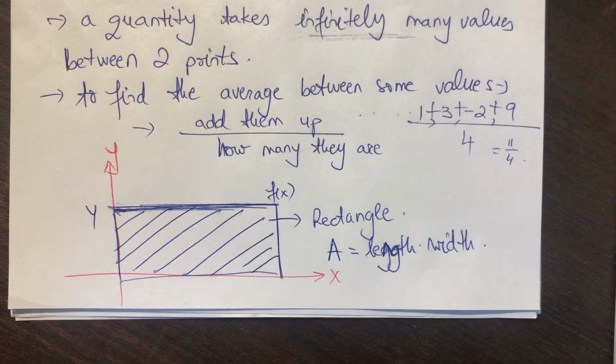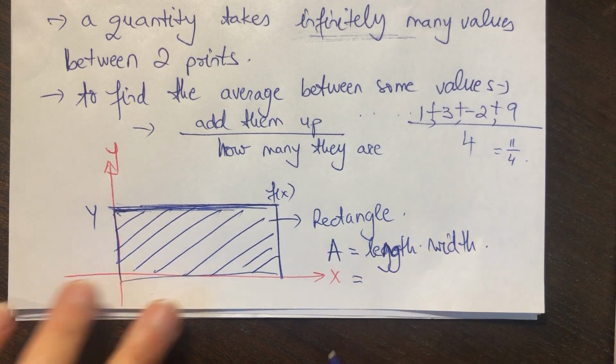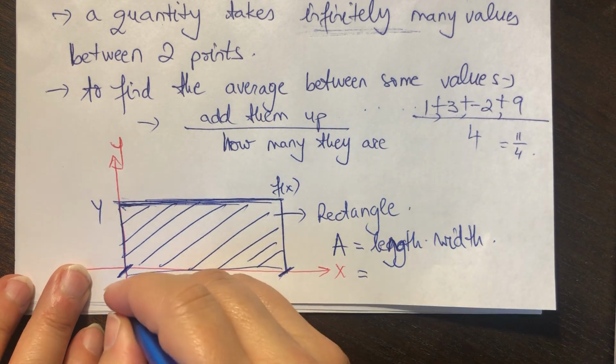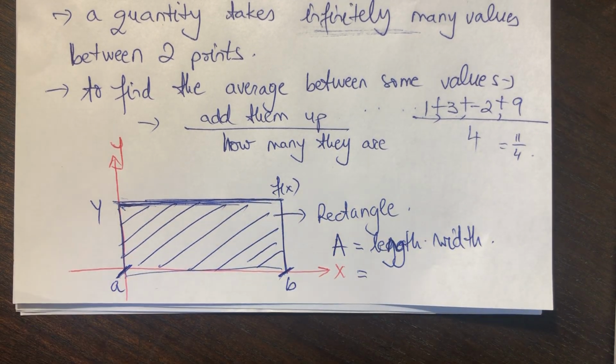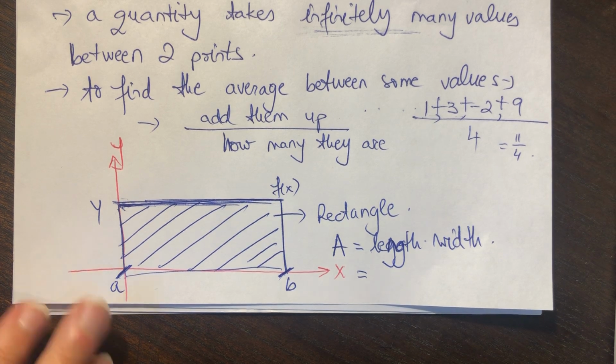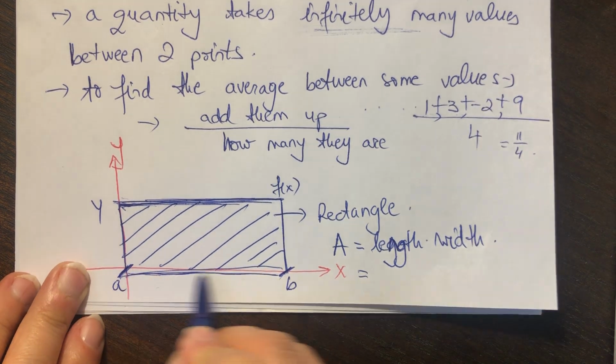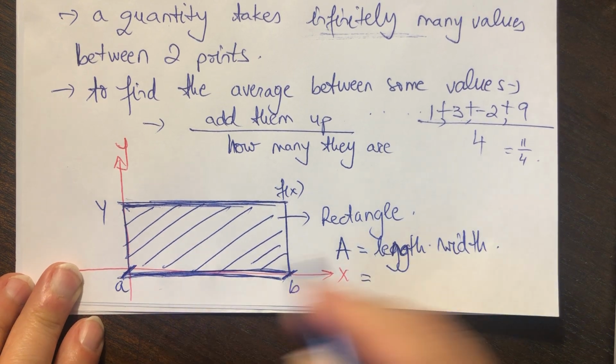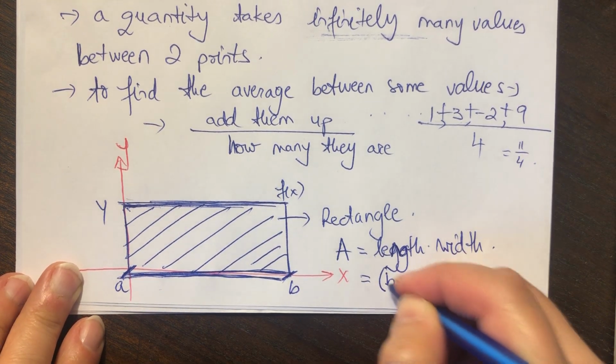If you look at this rectangle, what's the length of it? It's anything from here to here. Yes, so I'm actually going to say, let's say that didn't have to go from 0 to something. It could just go from any random A and B. So I'm just going to keep it as some random A and B's. So the length of this rectangle is the difference from what? From B minus A.